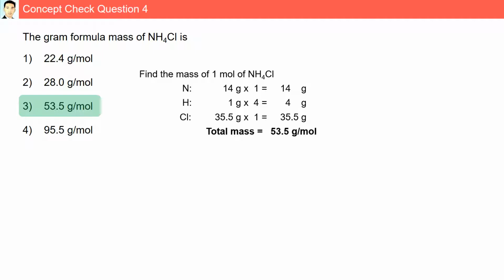For nitrogen, it's 1, so we have 14 grams. For hydrogen, the molar mass is 1 gram, but there are 4 hydrogen atoms present, so we multiply it by 4. The result is 4 grams. For chlorine, the molar mass is 35.5 grams. There's 1 chlorine atom present, so we multiply that by 1, resulting in 35.5 grams. We add it all up, our total mass is 53.5 grams per mole.